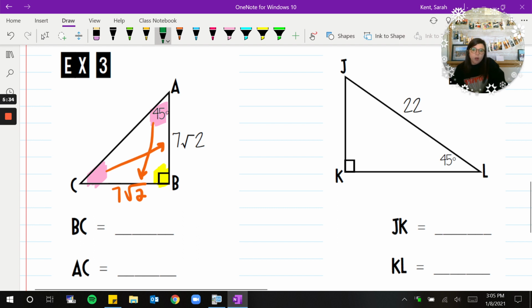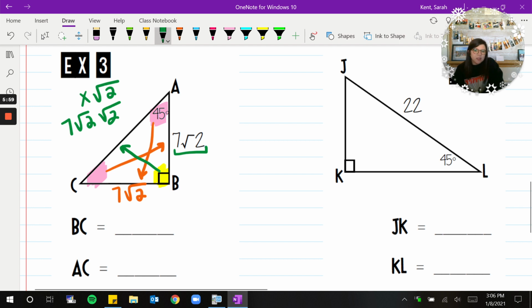Now across from my 90 degrees, this is where I want x times the square root of 2. And x is this whole part. So I'm going to take this whole thing and plug it in with that square root of 2. I'm going to have 7 square root of 2 for the x, and then square root of 2 for the square root of 2.